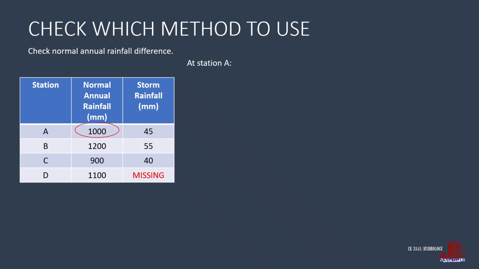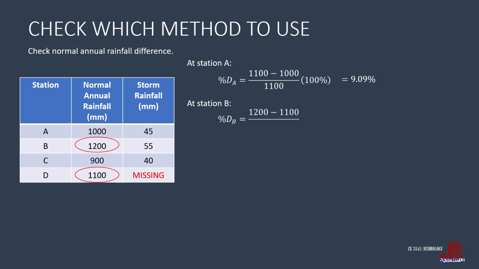At Station A, the difference is taken as 1,100 minus 1,000 over 1,100, then multiply by 100% to get 9.09%. At Station B, the difference is solved from 1,200 minus 1,100 all over 1,100, then multiply by 100% to get 9.09% again.